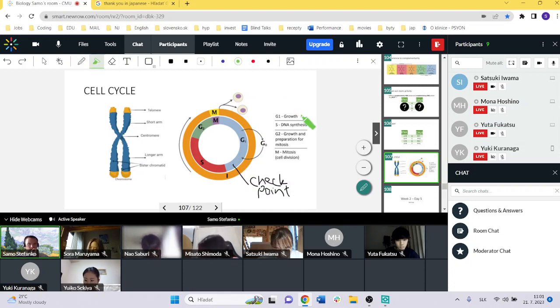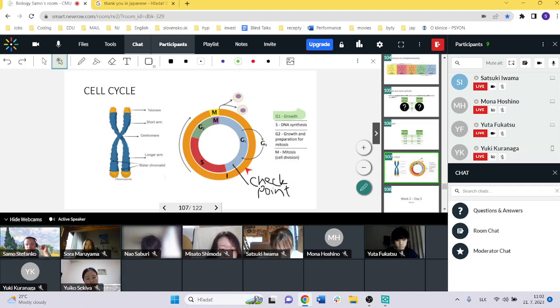Growth during G1, and exactly as you said, G1 is a post mitotic phase. Basically, it's after mitosis. And again, it prepares for another cell division.